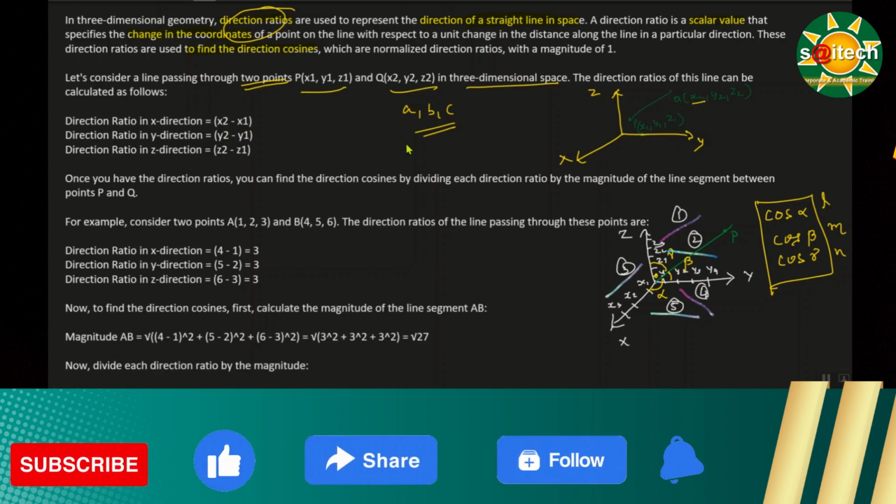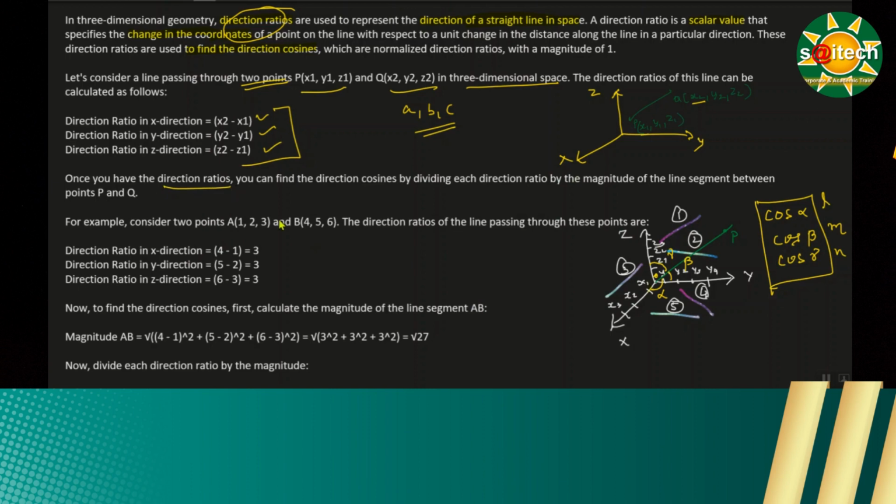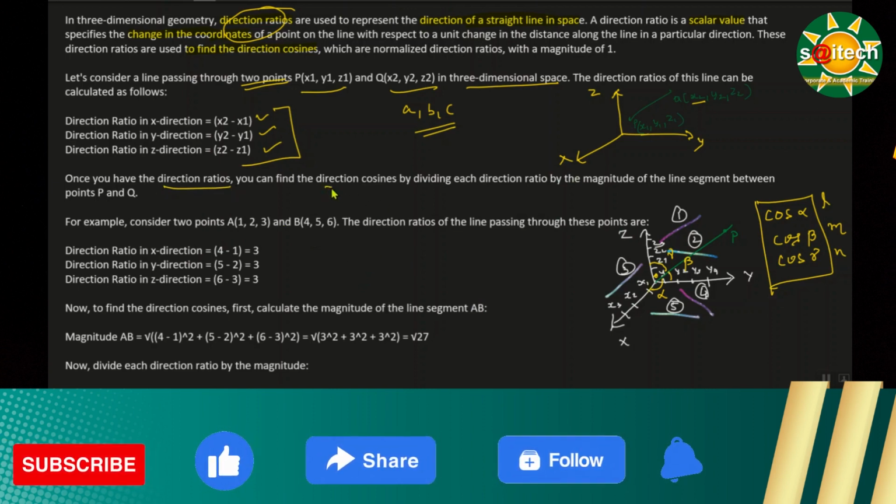So x2 minus x1, y2 minus y1, z2 minus z1. So likewise you can find out the direction ratio. Once we have the direction ratio, we can find the direction cosine by dividing each direction ratio by the magnitude of the line segment between P and Q.